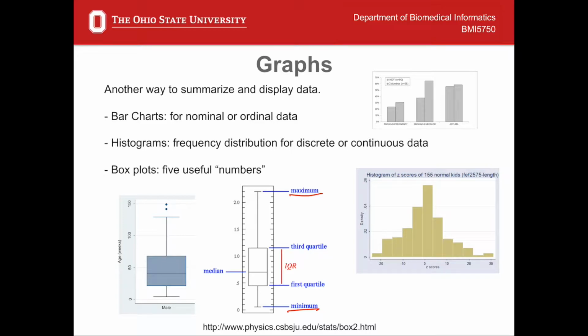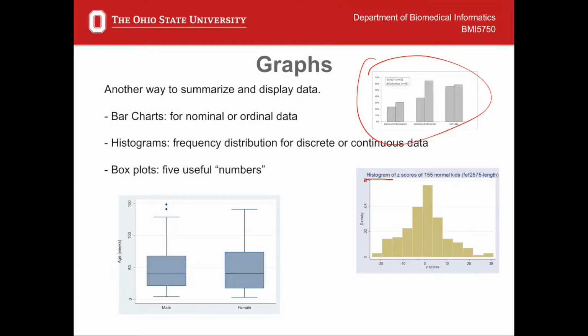Maximum is the maximum value of all the sample points. It also shows the first quartile, the third quartile, median, and also IQR, which is the interquartile range. We usually use box plots to show the comparison between different samples or different groups. So here, for example, we show the age of the male group and the age of the female group.